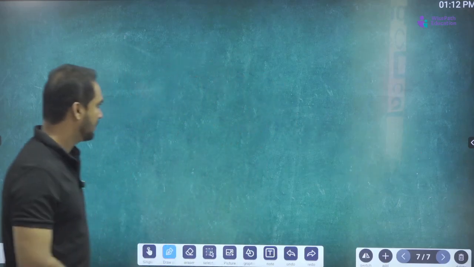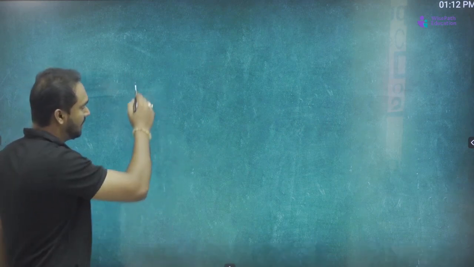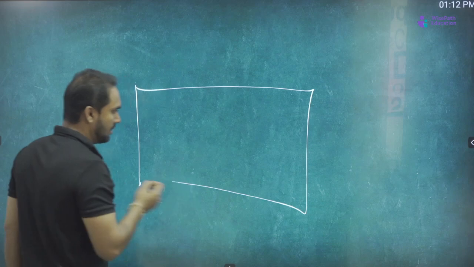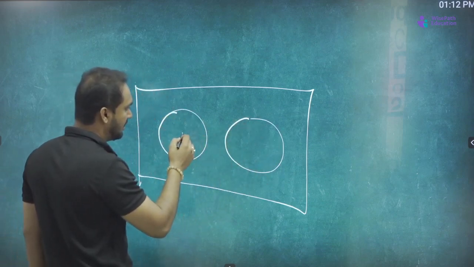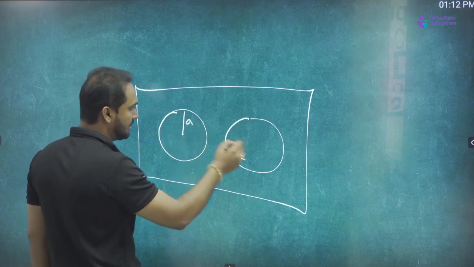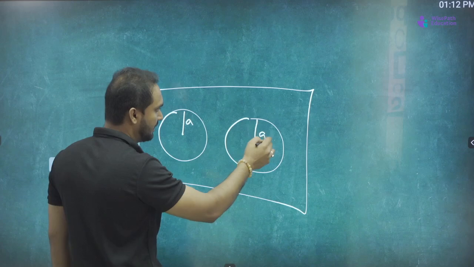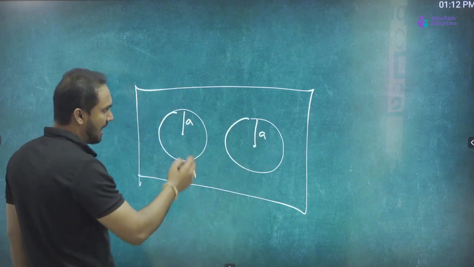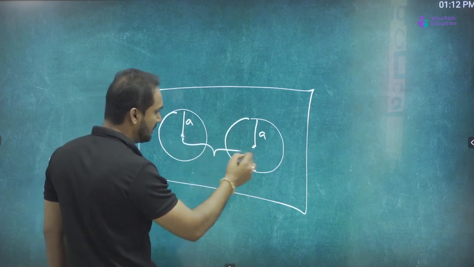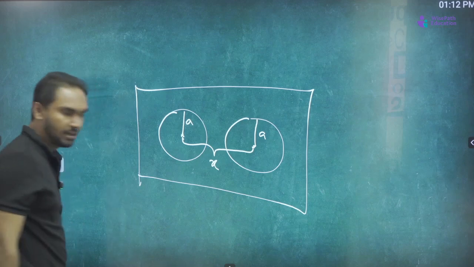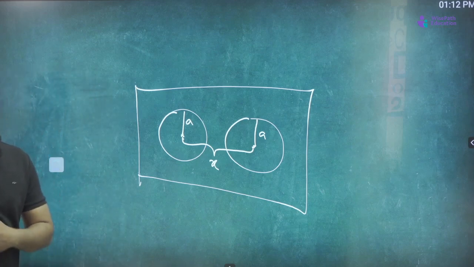There's a plate and there are two holes, each of radius A, and the distance between the two centers is x.